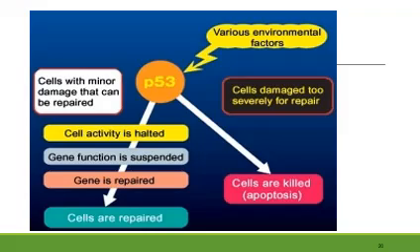For this, the cell activity is halted transiently, the gene function is suspended, the gene is repaired, and once the cells are repaired, it goes back into action. The other is there is severe damage to the DNA. So it cannot be repaired, and such cells are then directed for apoptosis.